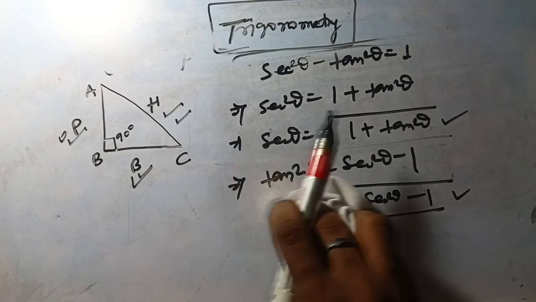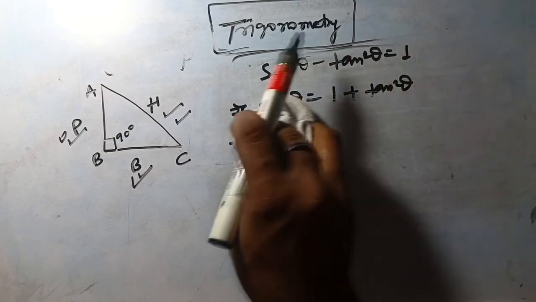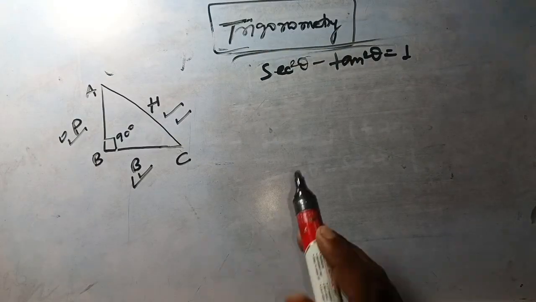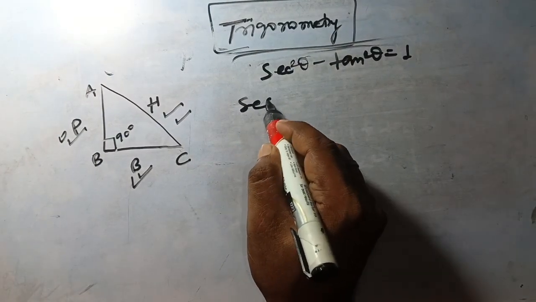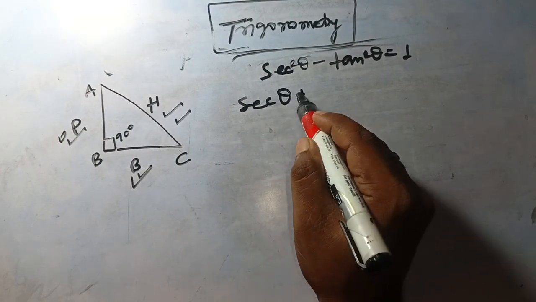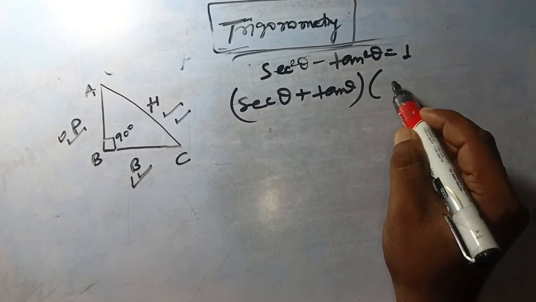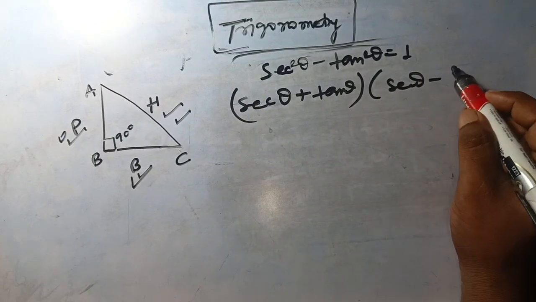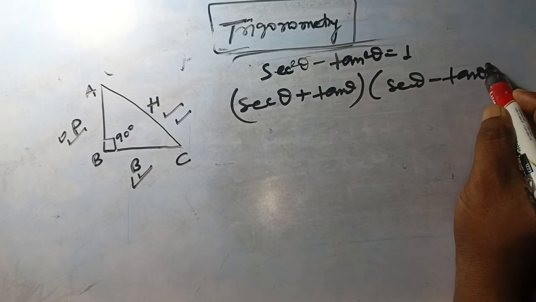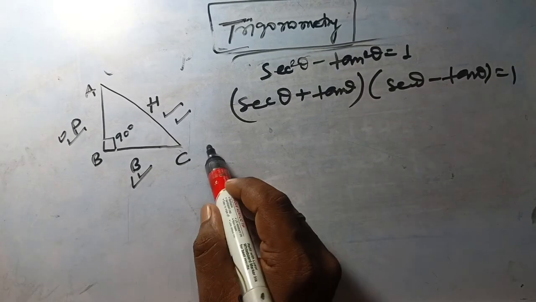And again here we can also use the algebraic formula, which is sec theta plus tan theta into sec theta minus tan theta, which is equal to 1.